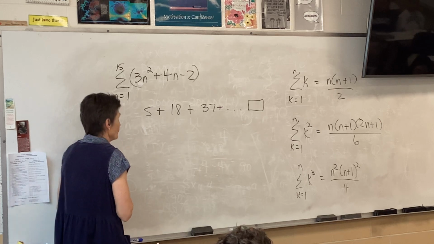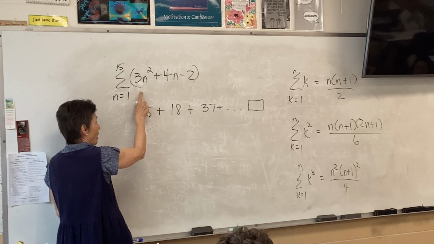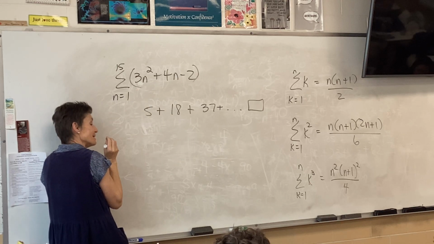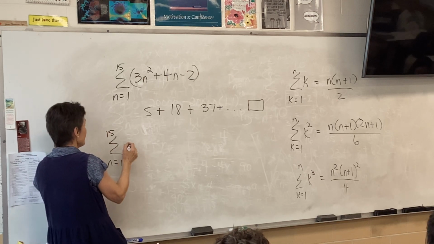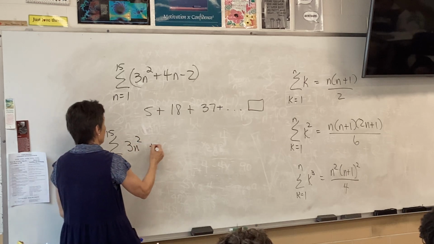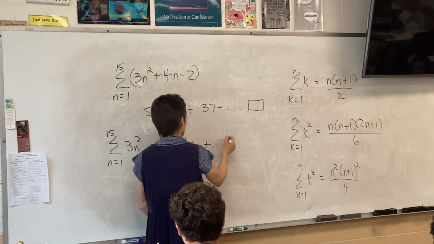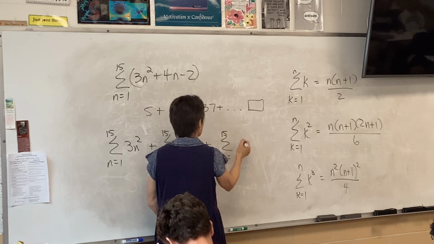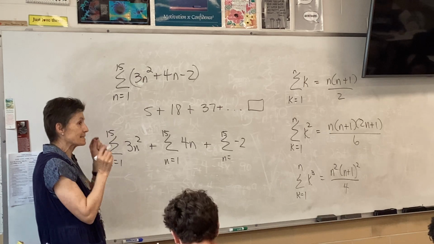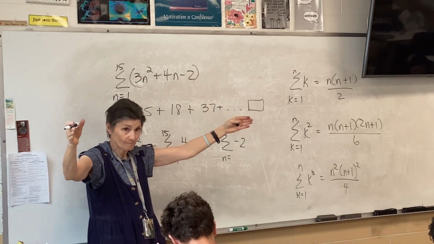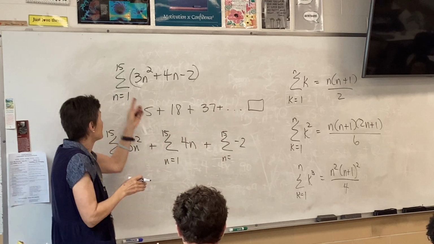So what I can do, using my summation formulas, is take this problem and split it apart into 3 pieces. So, add up from 1 to 15, 3n squared, plus from 1 to 15, 4n, plus from 1 to 15, negative 2. In other words, instead of summing the whole thing, I'm going to sum the individual monomial parts of the polynomial.